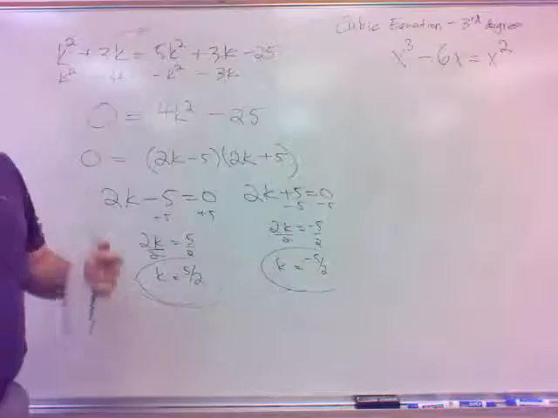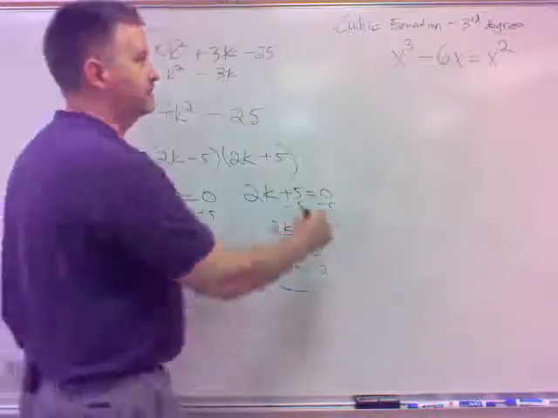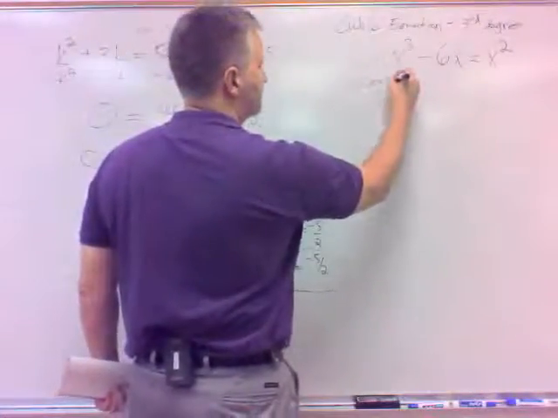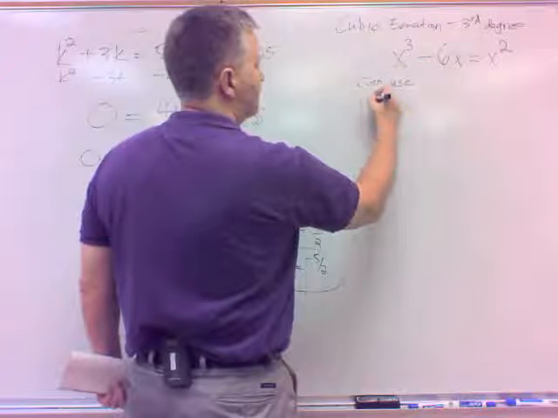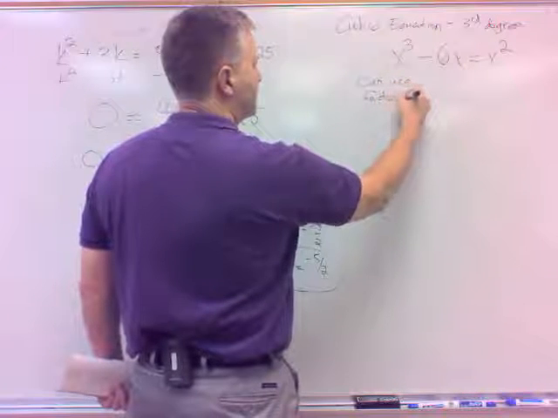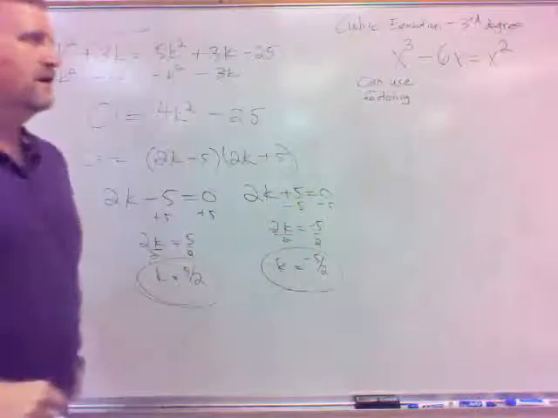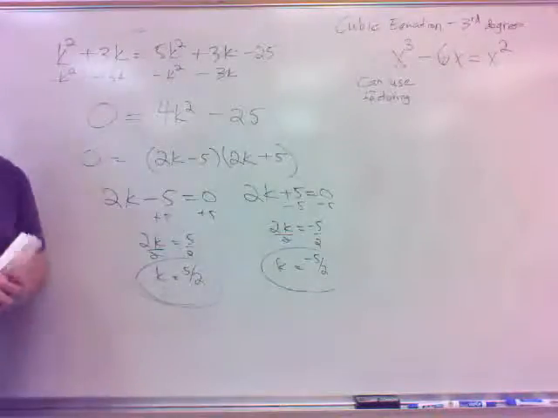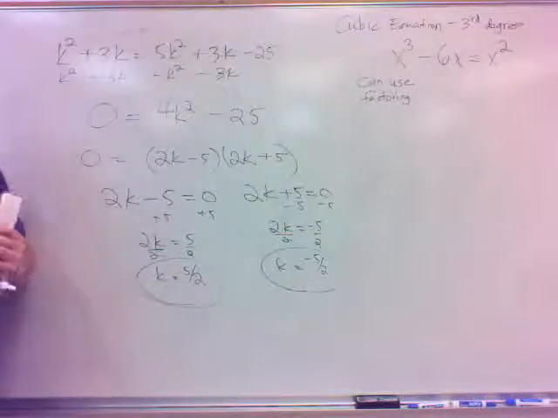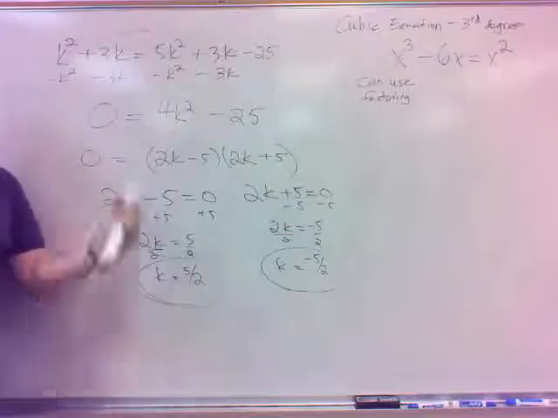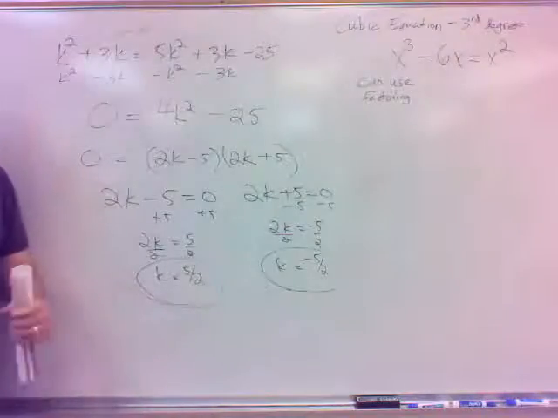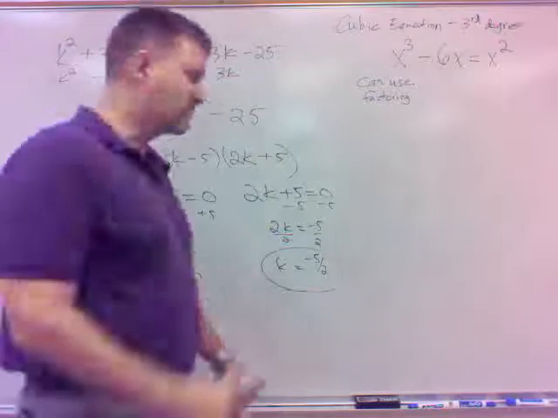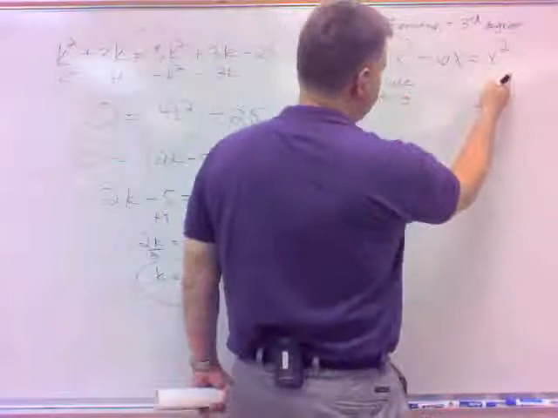Okay, well, if I'm going to use factoring, again, on some of these you can, and this one we can. Again, though, what do you think has to be the case that we don't have on this one? Have to have one side to be 0. Yeah. For the factoring method to work, any time you work it, one side has to be 0.